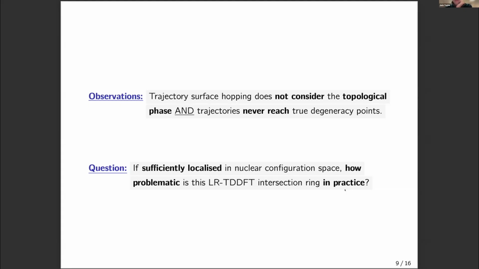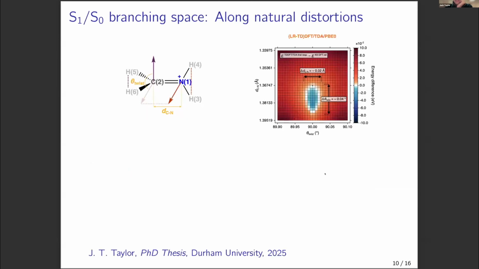This point can be illustrated by replotting the extended branching plane, but rather than along the strict branching space vectors, the x and y vectors, we try to reproduce it with two natural distortions. So a CN bond stretch and a twist around the central CN bond.